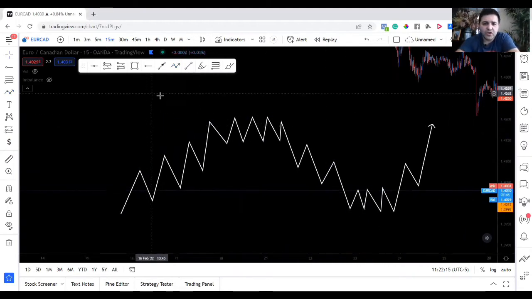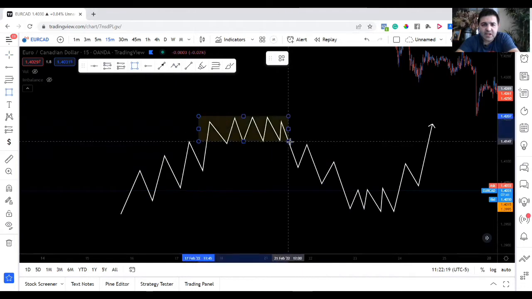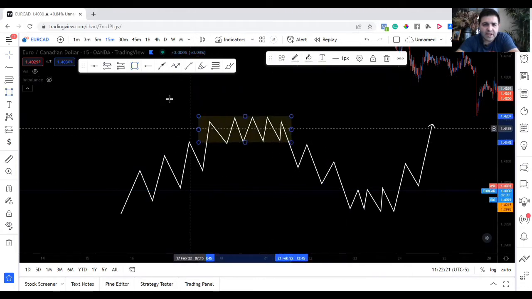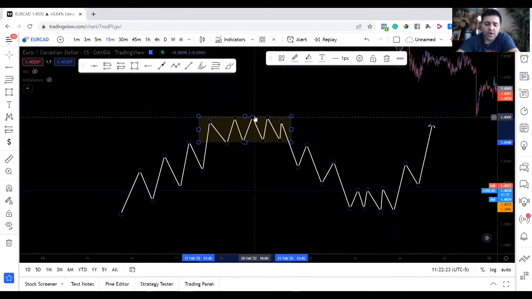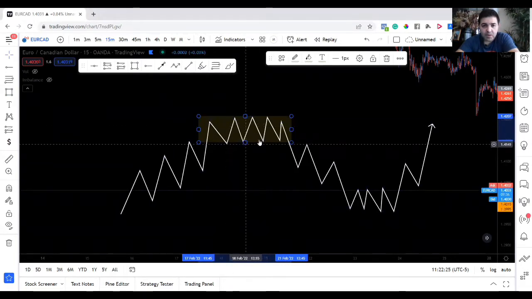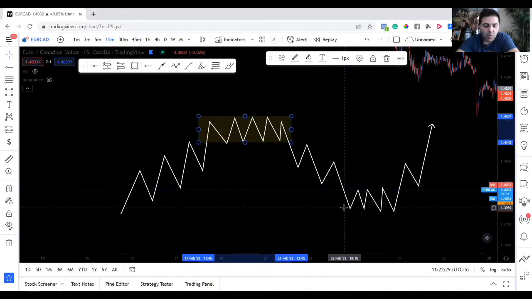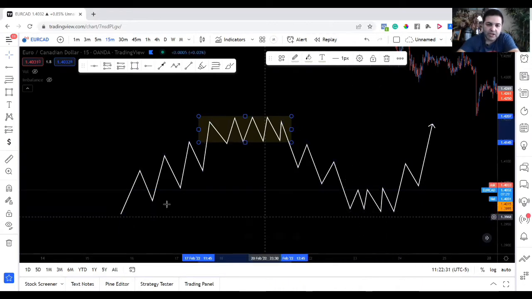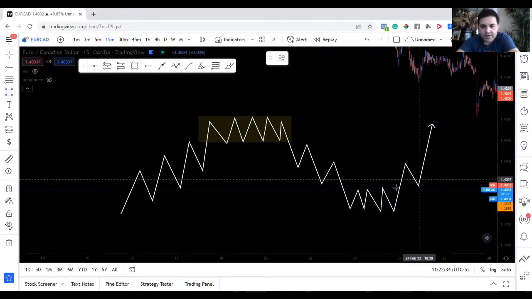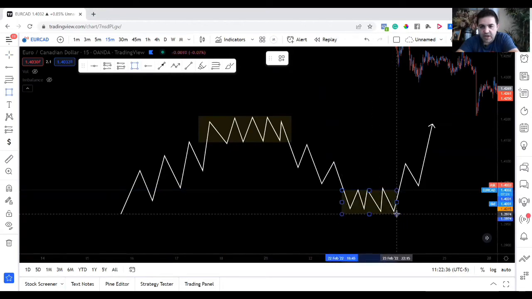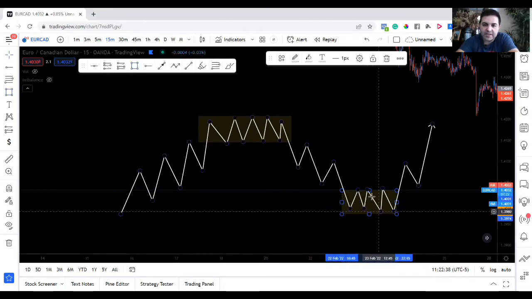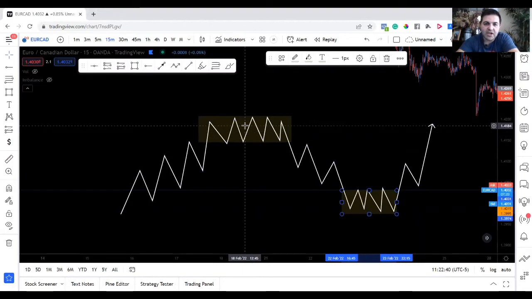Now, where you want to identify liquidity is here, this is liquidity. Basically, this is liquidity or supply or distribution, and here is demand or accumulation. Accumulation means that there's buying pressure to the upside.